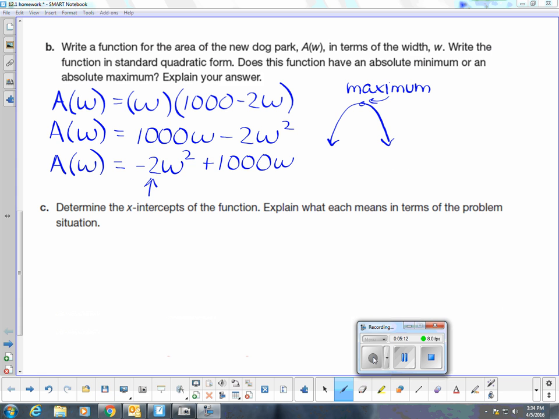To find the x-intercepts, I'm going to use Desmos, and I'm going to input this function, and I can actually input any three of these functions, and Desmos will graph all three of them as they are the same parabola.